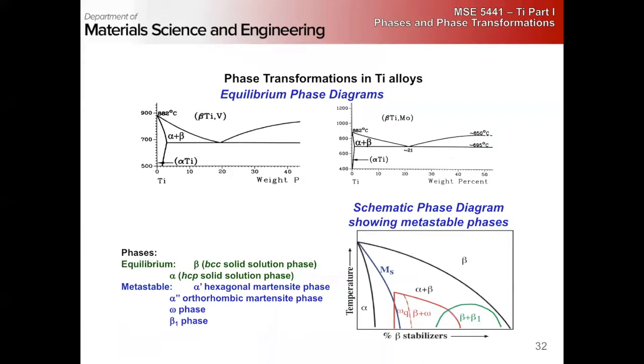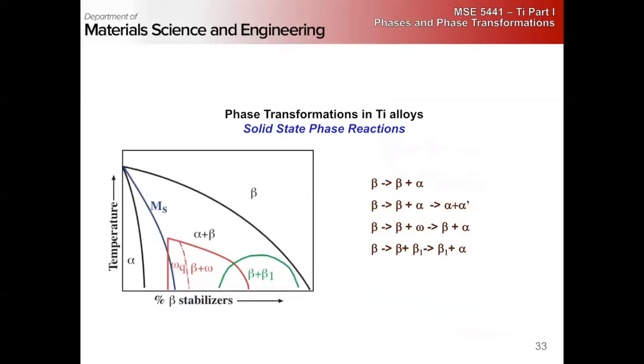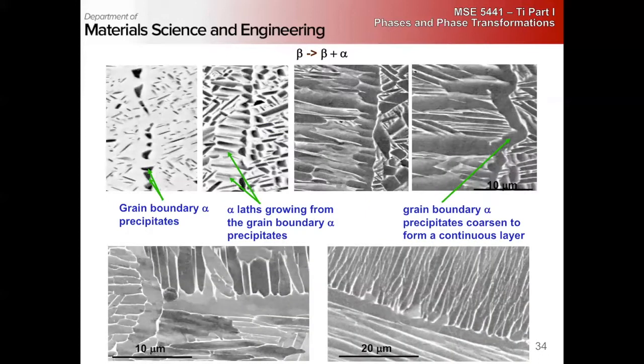So if we look at a schematic phase diagram, where these metastable phases lie, as we increase our fraction of beta stabilizers, this now gives us a whole bunch of other knobs to turn, right? And so that's just listing the reactions out, and we'll talk about them in more detail.